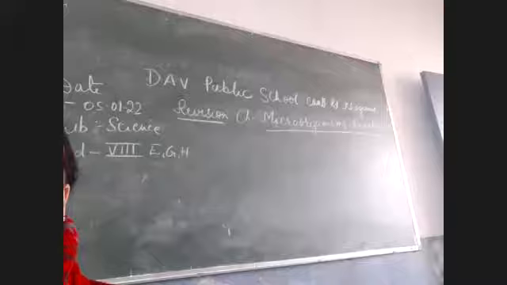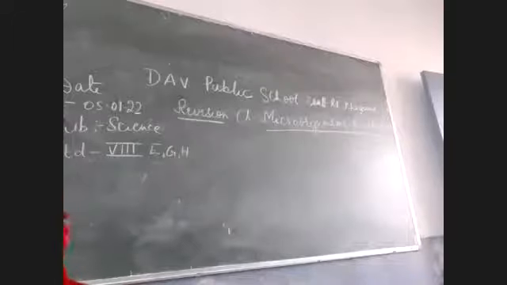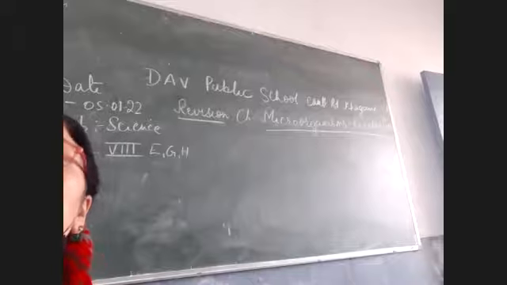Ma'am, I didn't understand the question. You just tell me one example that which type of microorganism is surviving in extreme hot climate, then what it is called, or if it is surviving in cold climate, then what it is called.